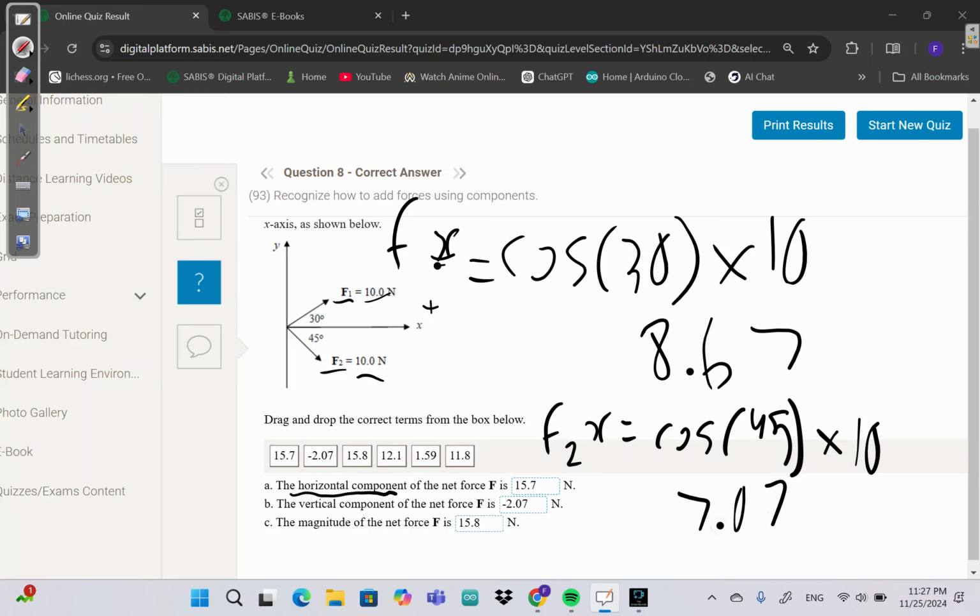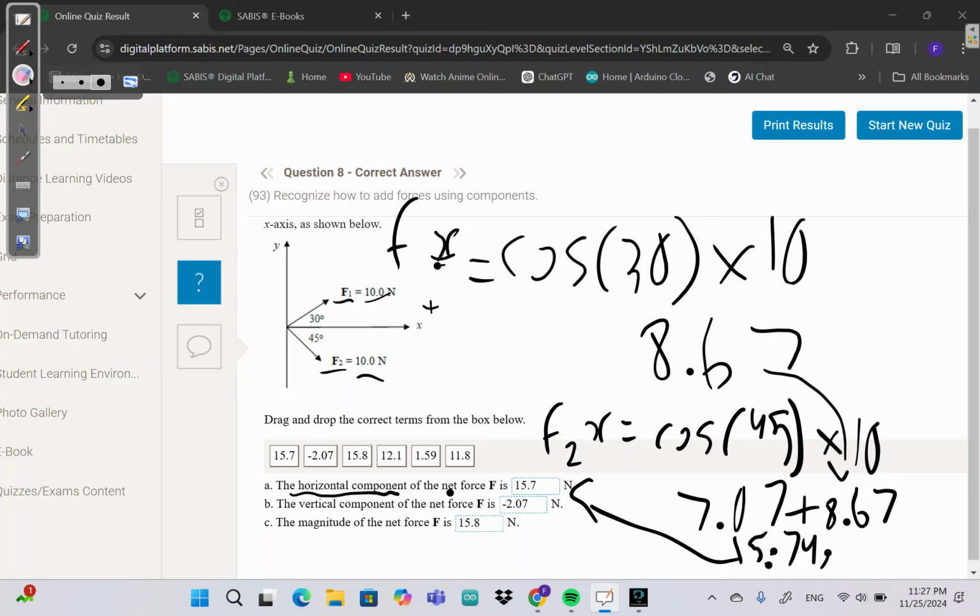So the horizontal component, which is the x component of the net force, is this plus this, which on the calculator is 15.74, which if we round is 15.7. So that's our first answer.